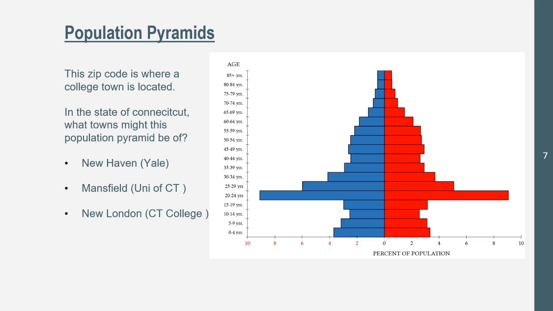If there was a university in Hartford, I believe there probably is like Hartford College or something, Hartford University. Hartford is the capital of Connecticut. So there's going to be higher young adults probably there, if there is a university or college. But it's going to be less percentage-wise, because Hartford is the capital. There's people living in the capital.